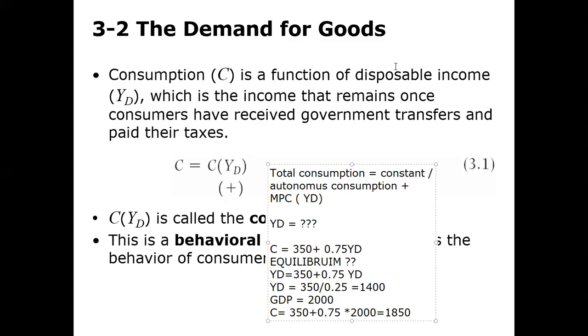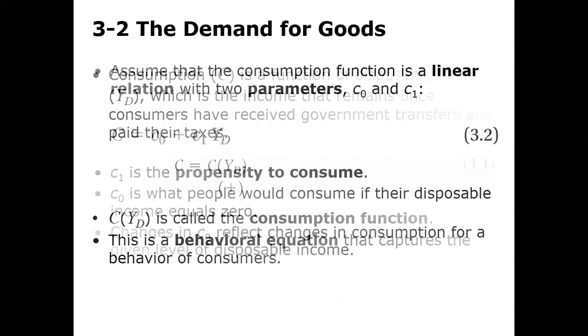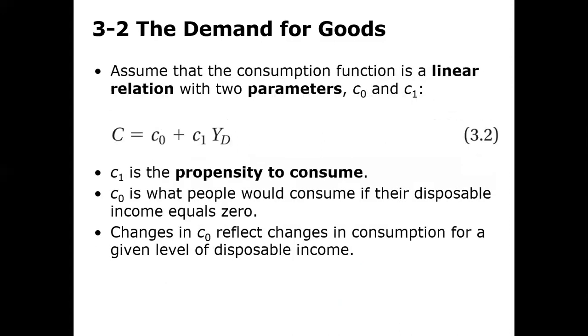And this is what we name the behavioral equation, because we capture the behavior of the consumers. What is the behavior of the consumer? This is simply the propensity to consume. What do you mean by marginal propensity to consume?